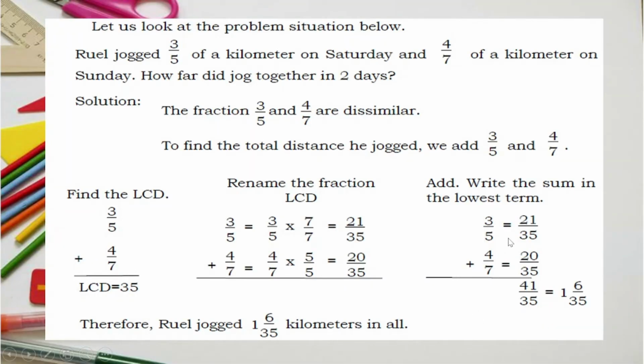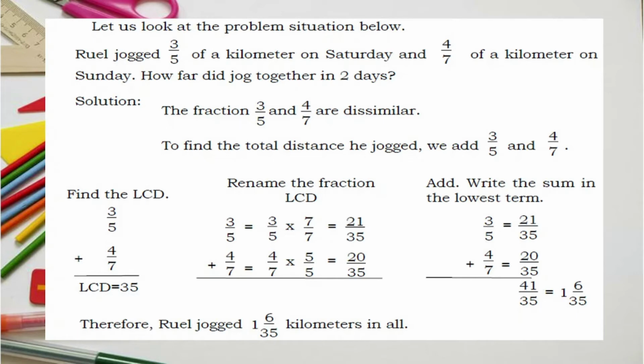So now, let us look at the problem situation here. Itong problem na ito ay nakasulat sa inyong mga module, right? Roel jogged 3 over 5 of a kilometer on Saturday and 4 over 7 of a kilometer on Sunday. How far did he jog together in 2 days? So we are going to add the two fractions.